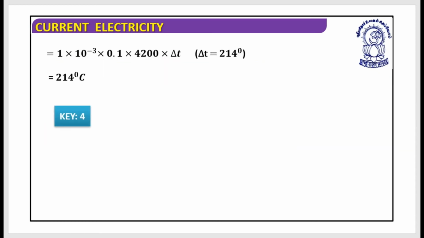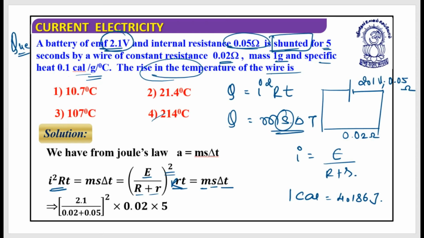Try to get it done and you will find the answer, that is 214 degrees Celsius. Yes, this would be the answer if you calculate it. Is it clear? Are there any doubts? Anything? No? Ready for the next question?